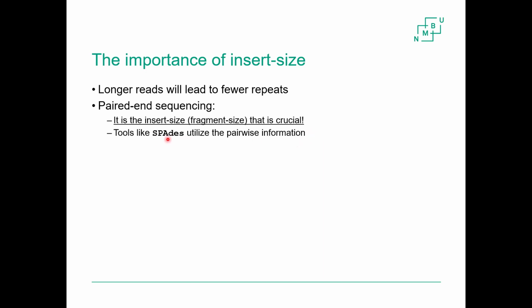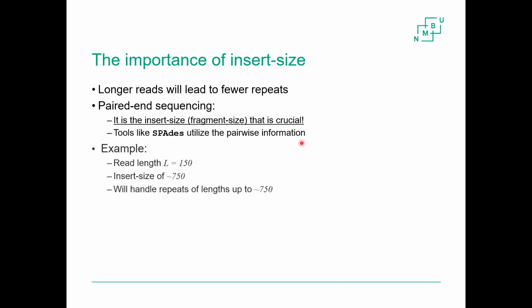So SPAdes, that we will use, uses this pairwise information, and all the assemblers that use paired end reads use this information. So if you have 150 bases long reads, which is quite typical for Illumina, and you have an insert size of 750 bases, it means that you have fragments around this length, and then you sequence the first 150 and the last 150, and what is in between, the 450 in between, you never see.